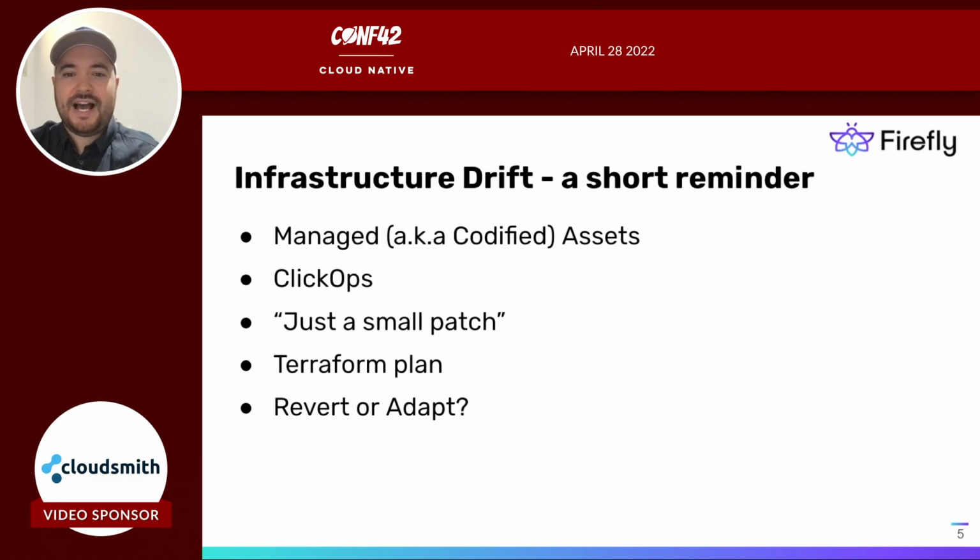We have to decide whether we want to revert everything to the older codified state or adapt it somehow, meaning changing the code to match our manual changes. These drifts are all about changing existing assets, which we created from code. This session focuses on the very existence of those assets, as you'll see right away.